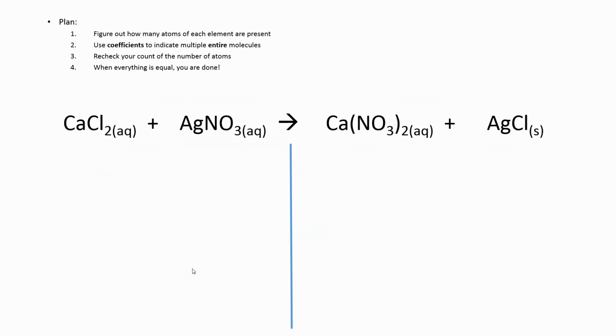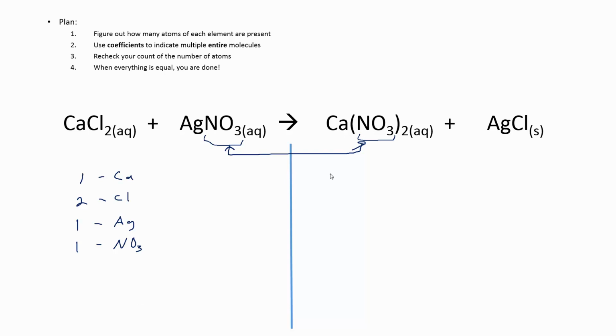Well, what if we have polyatomic stuff present? That adds a lot of atoms. One trick is, if you have something polyatomic that stays the same and altogether the same on both sides, then you can pretend it is one unit. So on this side I have one calcium, two chlorides, one silver, and one nitrate.